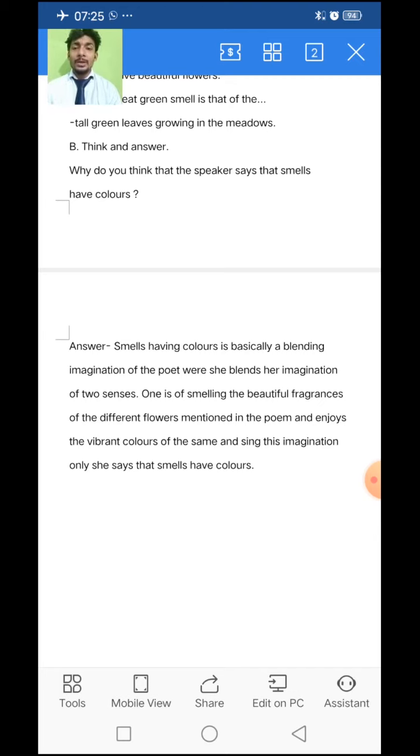Here, one is smelling the beautiful fragrances of the different flowers mentioned in the poem and enjoying the vibrant color of the same, using this imagination only. She says that smells have colors.